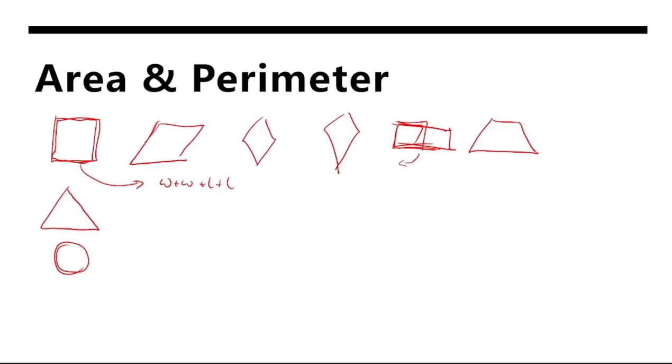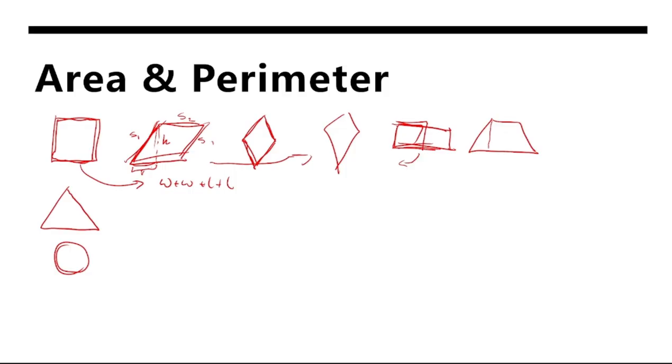And for a parallelogram, if we know side 1, this will be also side 1, and side 2 is just the same as a square. If we don't, you may be given, for example, the height and the length here. Then we can use Pythagorean theorem to calculate the side length, and that works the same for rhombus and kites.